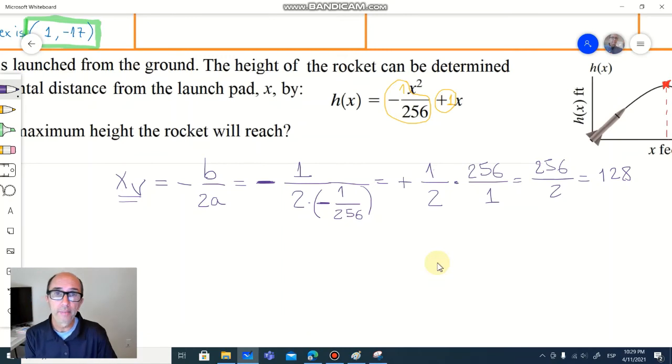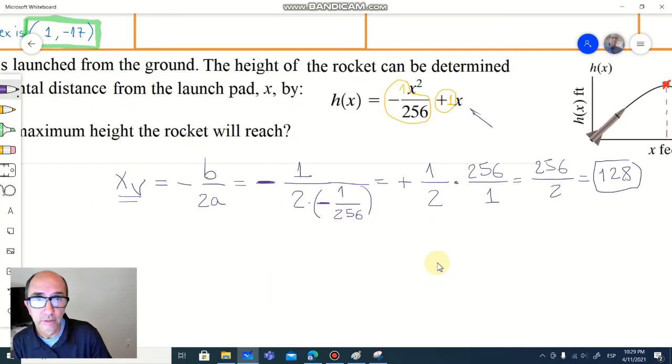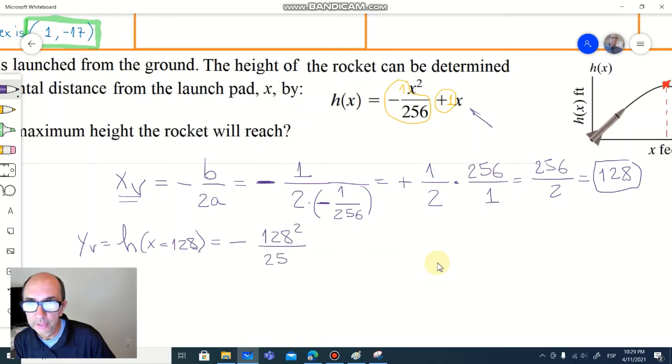Now, to find the maximum value of the function, we have to plug this x into the function. y of the vertex equals h of x equals h of 128. So negative 128 squared over 256 plus x, which is 128.